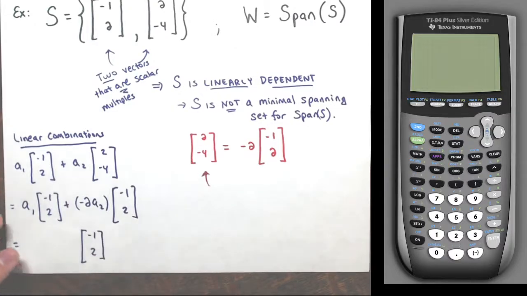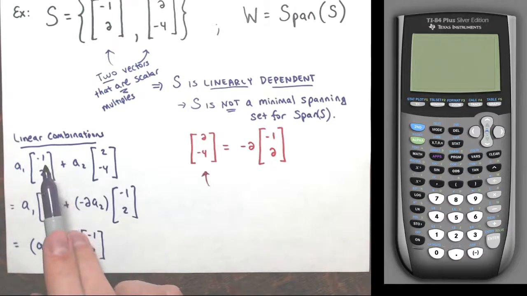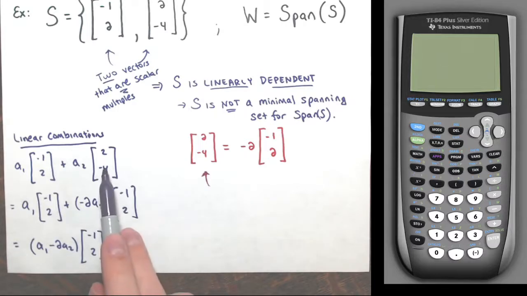Remember how vectors in a vector space distribute over scalar addition? Then I'd have the scalar A1 minus 2A2 in front. And do you see how every linear combination of these two vectors is really just a linear combination of this one vector, a scalar multiple? This would be a scalar, A1 minus 2A2, of just a single vector. So one of the vectors, the vector 2, -4, is unnecessary.